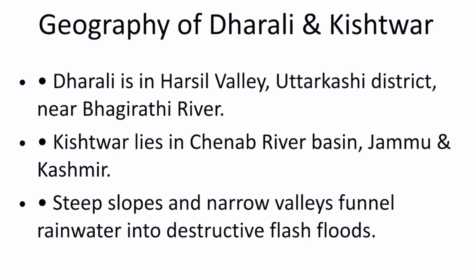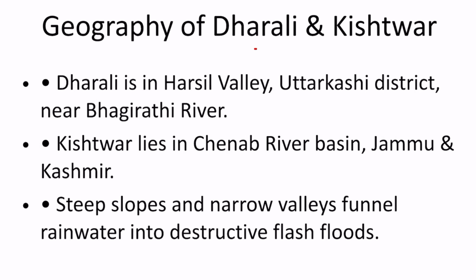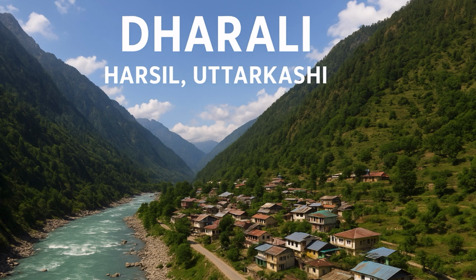Now let us look at the geography of Dharali and Kishtwar. Dharali is in Harsil Valley, Uttarkashi district, near Bhagirathi river. So it is at a high altitude in the Garhwal Himalaya, surrounded by steep mountain slopes. This region is influenced by both the southwest monsoon and occasional western disturbances, which can overlap and intensify rainfall.